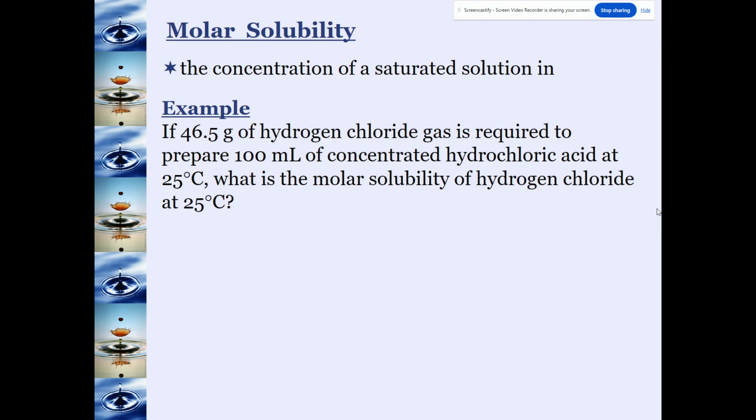Okay. The last thing we have to look at is something called molar solubility. If you're ever given the solubility of a compound, so let's say you're told the solubility of hydrogen chloride is 46.5 grams per 100 mL at 25 degrees Celsius, and you're asked to find the molar solubility, all it means is convert that into a concentration in moles per liter.